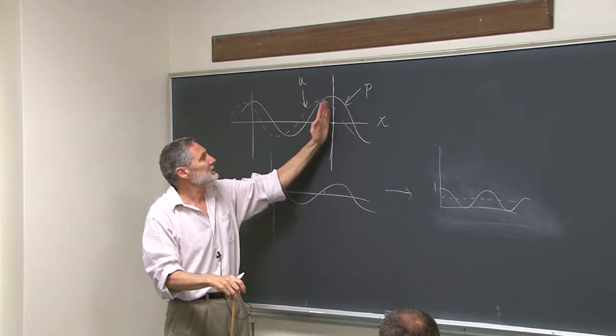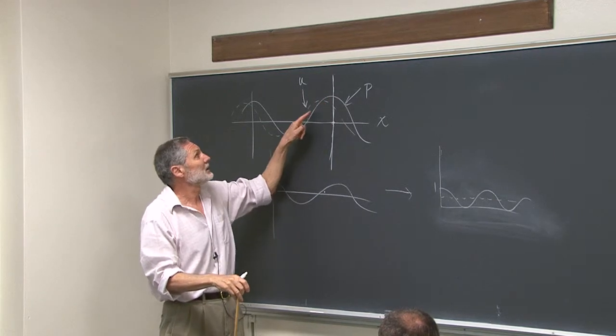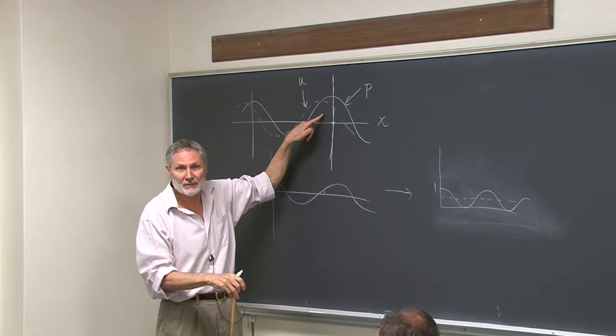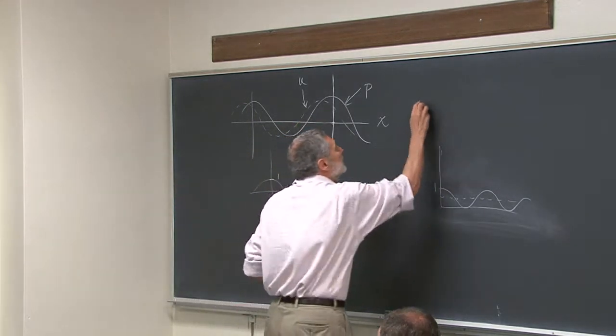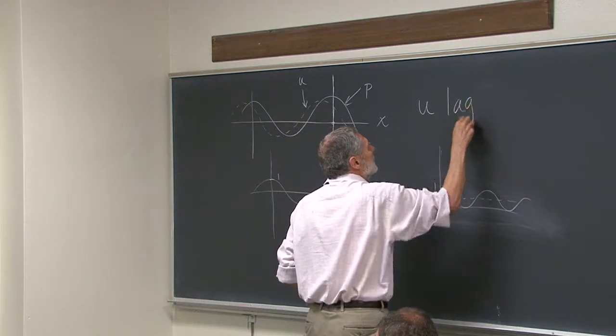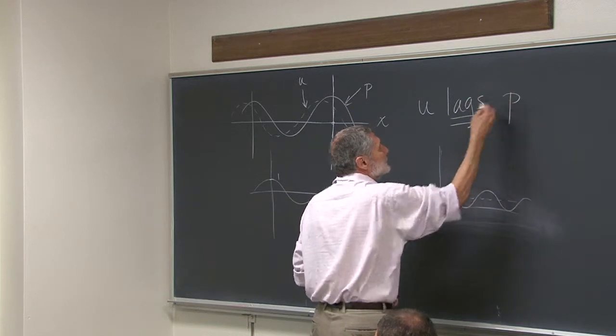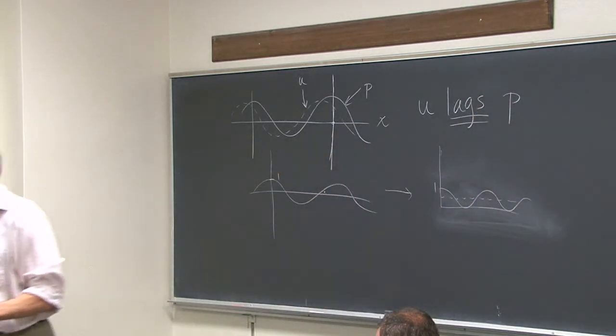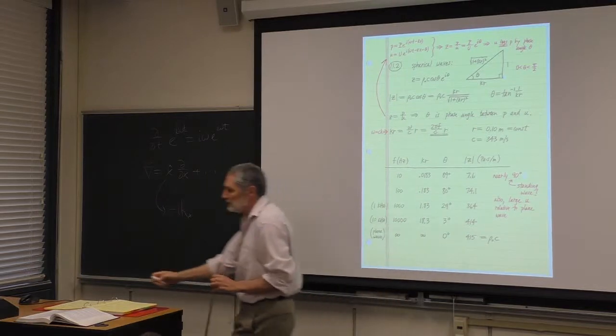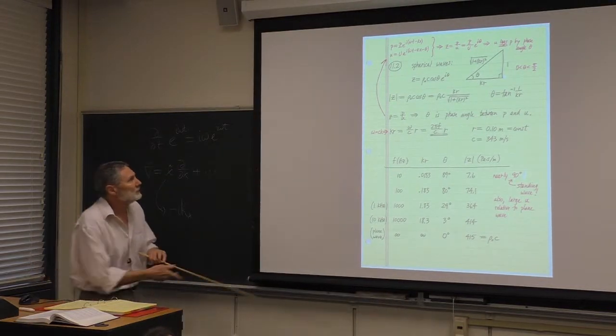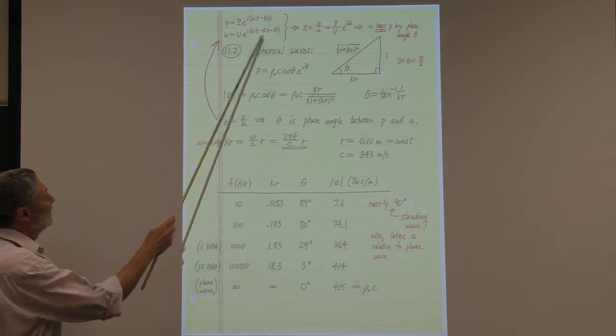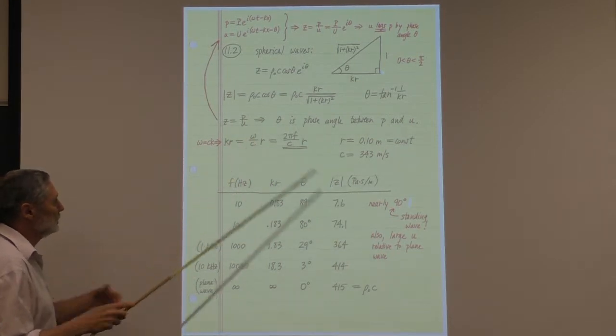The pressure peaks out at a time. At a later time, the velocity peaks out. This is what we mean by u lags p. And it lags it by the angle theta. The phase angle here is theta. Okay. So I'm mentioning this here just because it comes up and we'll need it in the next problem.